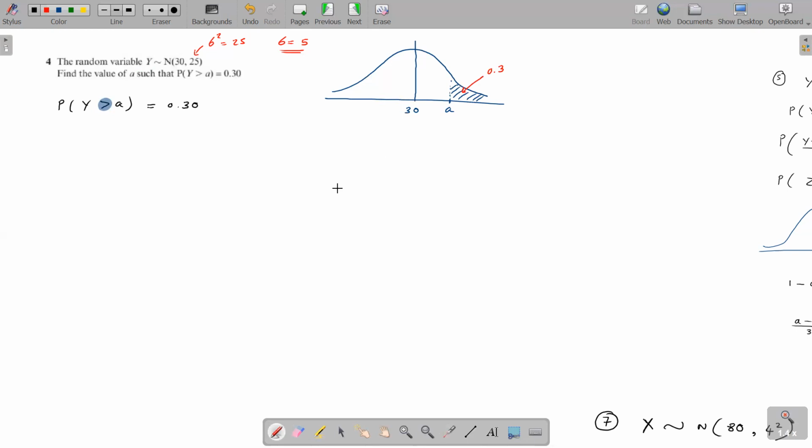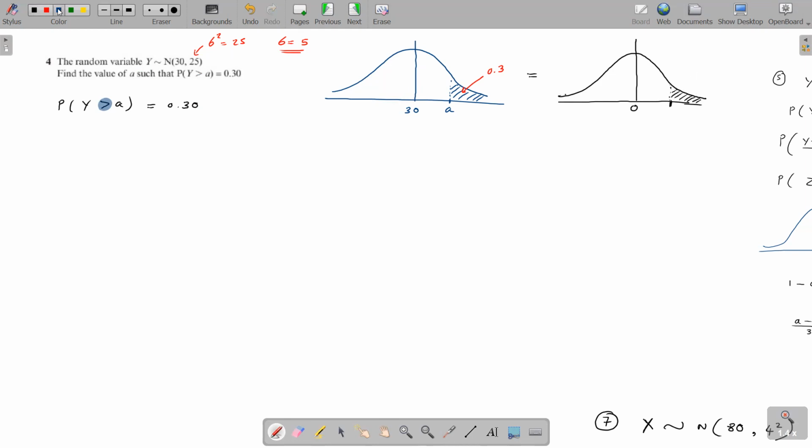What's the next step? We are going to convert this distribution to a standard normal distribution. When you convert, the mean value 30 becomes 0. Then you need to see what happens to this A value. The area in front will not change.